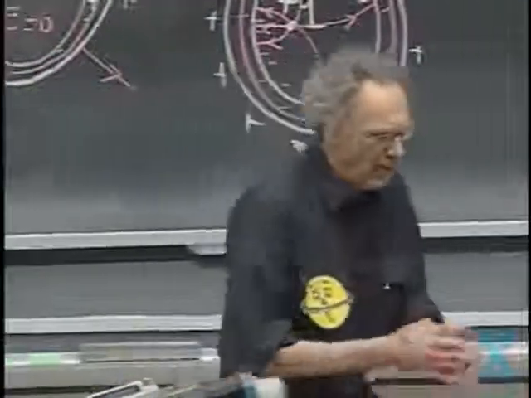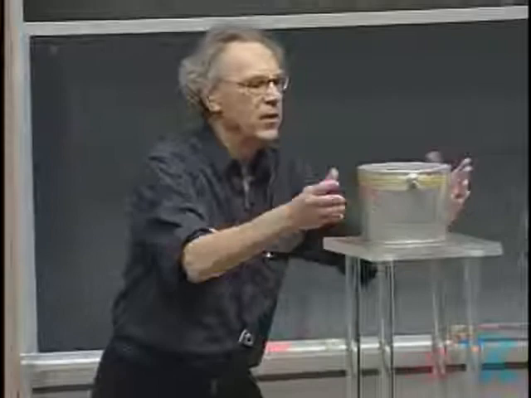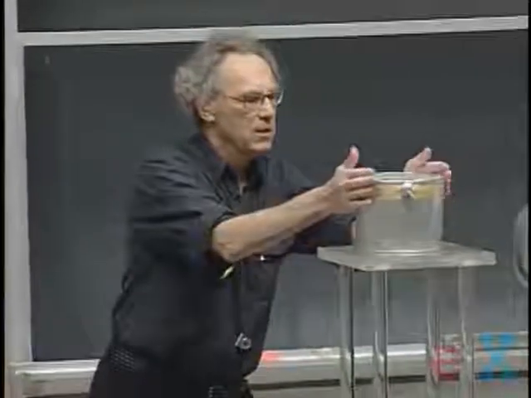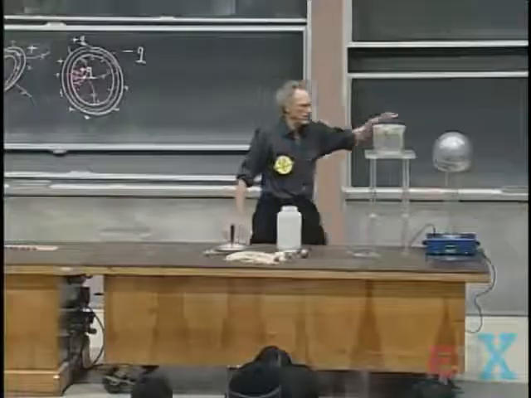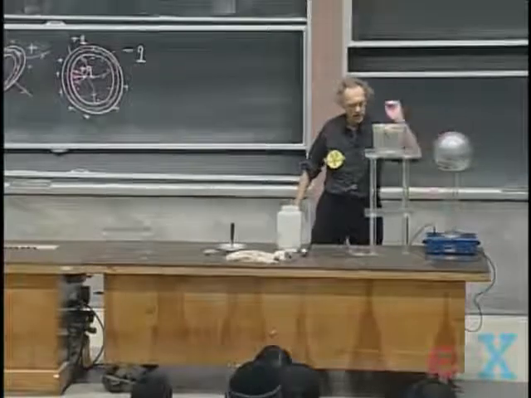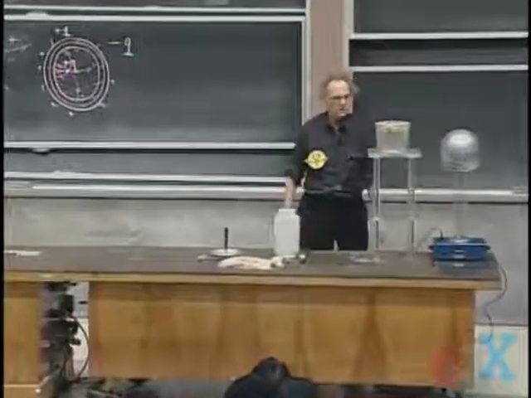I want to demonstrate what happens when I bring this can in the electric field. It's a conducting, hollow object. I bring it in an electric field of the Van de Graaff. The thing is a conductor.